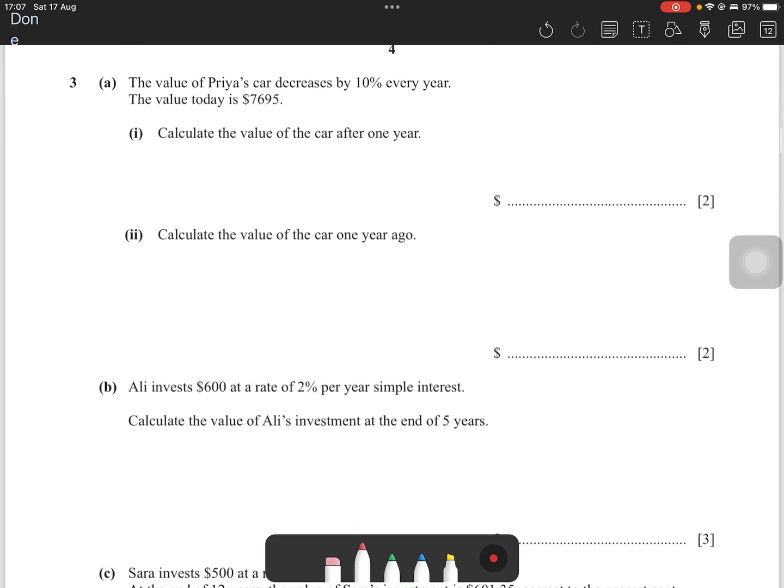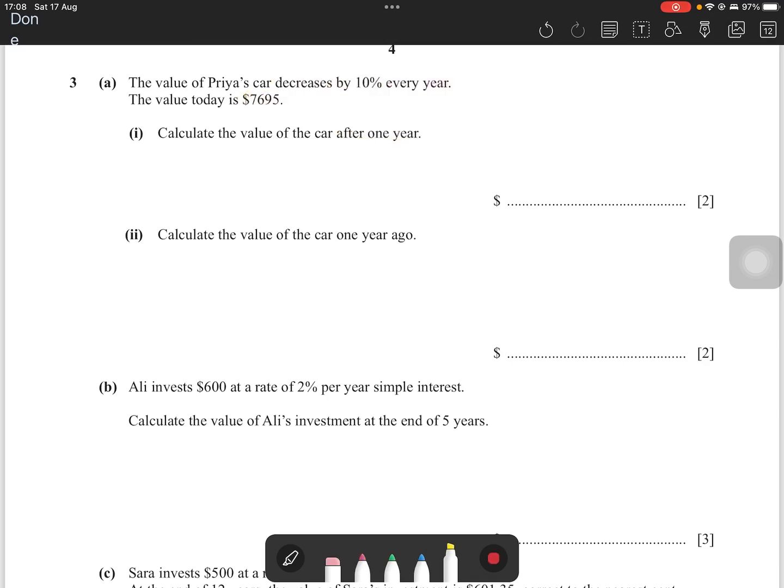Question 3. A. The value of Brian's car decreases by 10% every year. So this is exponential decay. The value today is $7,695. 1. Calculate the value of the car after 1 year.